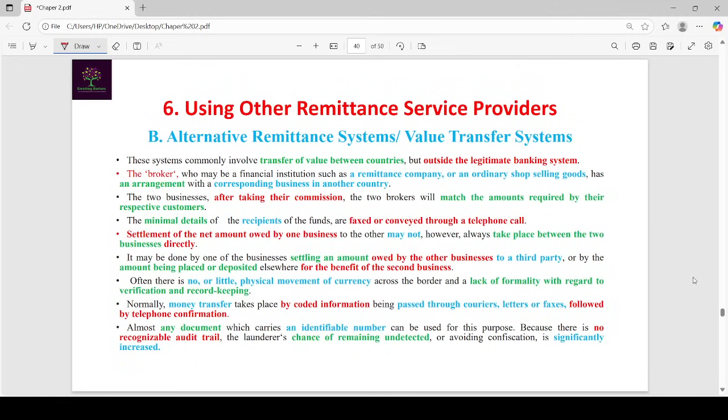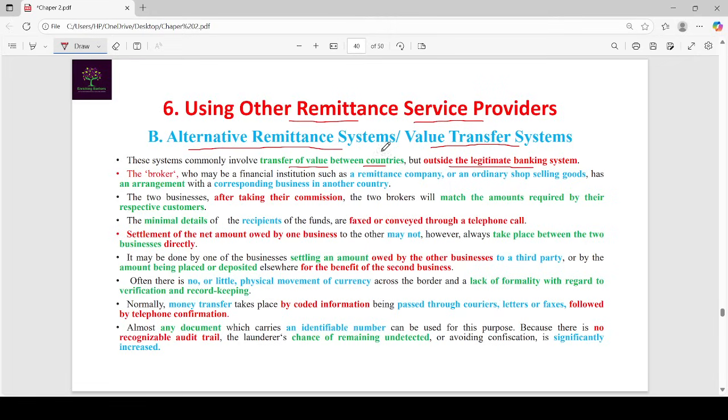Next method under the category of other remittance service providers is alternative remittance systems or value transfer systems. These systems commonly involve transfer of value between countries but outside the legitimate banking system.